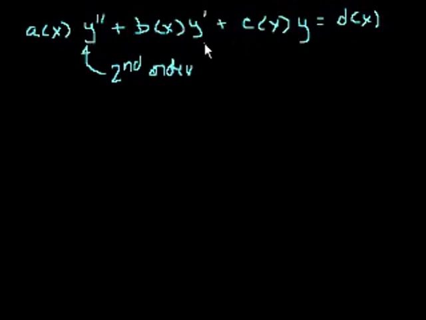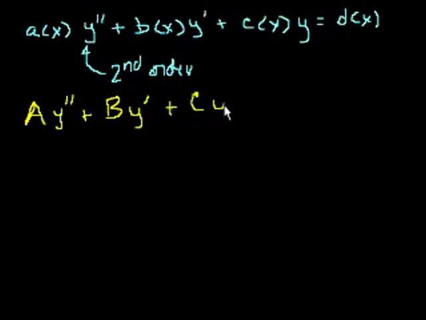Now before we start trying to solve this generally, we'll do a special case of this, where a, b, c are constants, and d is 0. So what will that look like? I could just rewrite that as a, and now a is not a function anymore, it's just a number, times the second derivative of y with respect to x, plus b times the first derivative, plus c times y.